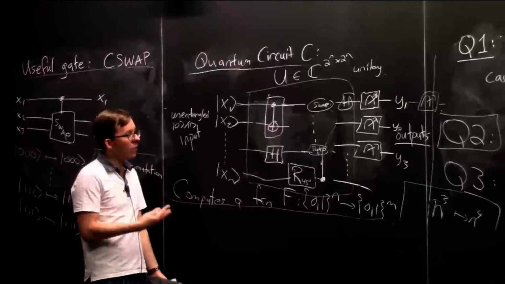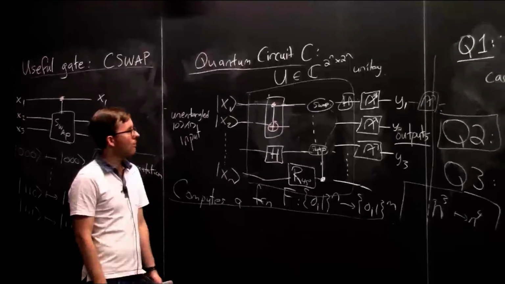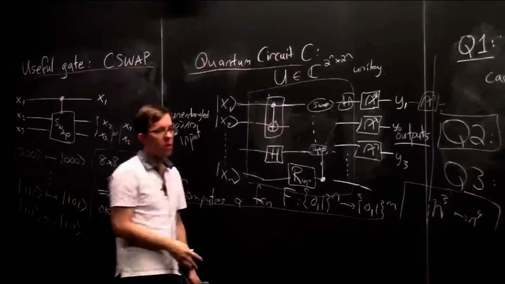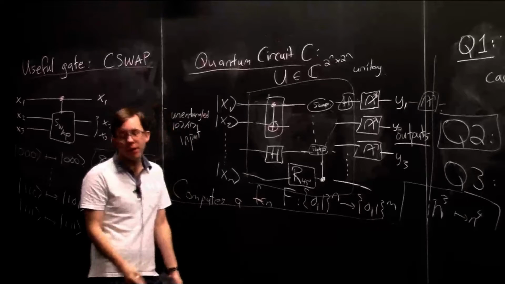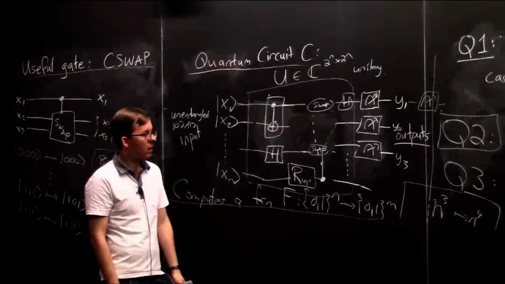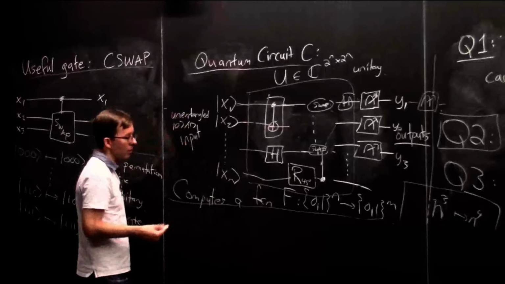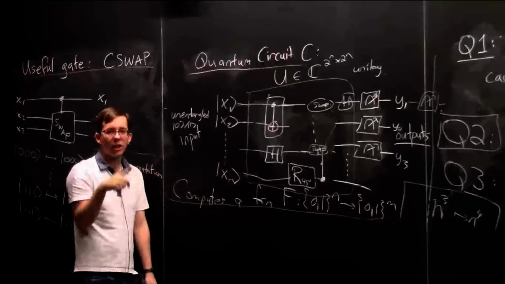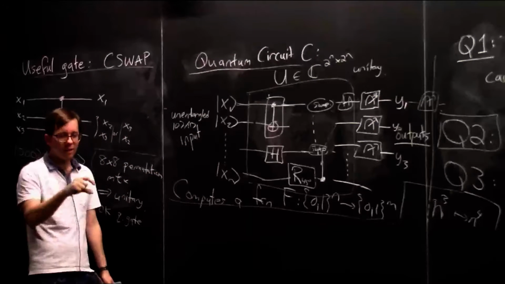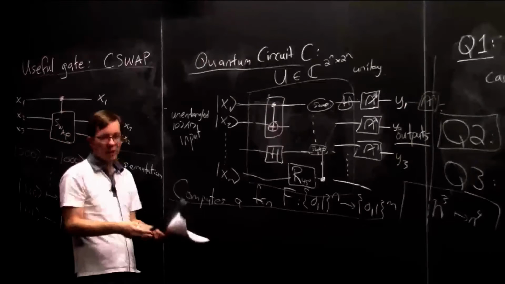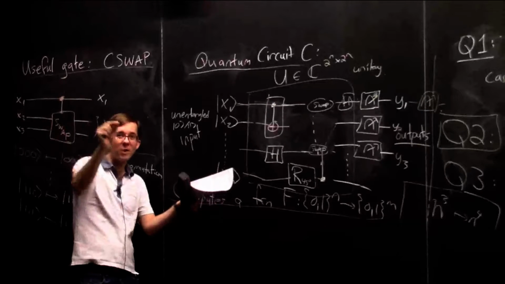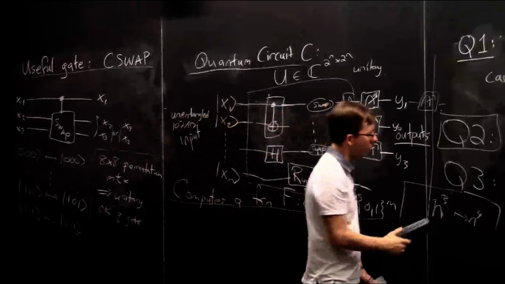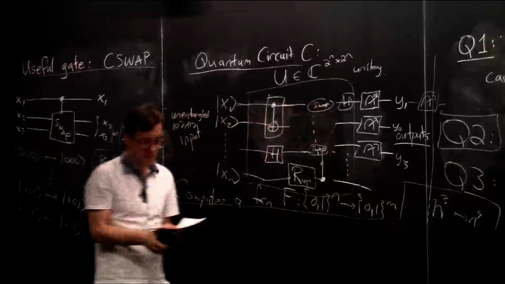I think you'll find that all the algorithms we actually do can be arranged such that all these swap gates and C-NOT gates and so forth are on neighboring qubits. These are things that you have to care about in practice. Really in practice, when they're trying to build quantum computers, their actual qubits are arranged not on a line, but on a 2D grid. And then you have the ability to swap neighboring things on the grid, which gives you more flexibility. If you have to swap something from very far away, it's only square root n swaps instead of n swaps. These are important questions in practice, but we'll mostly ignore them in this class.